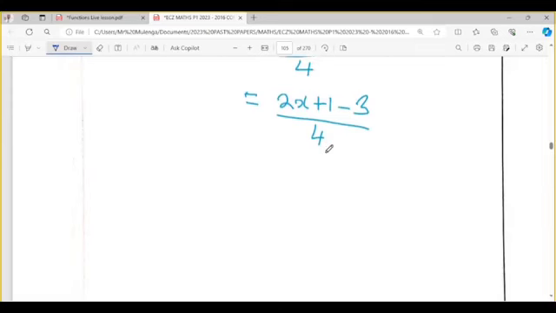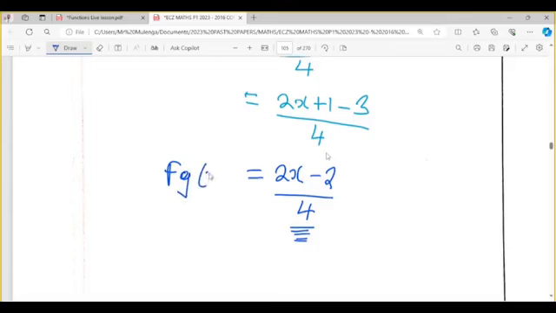We can see that here we have the like terms: a positive 1 and a negative 3. So 2x plus 1 minus 3 gives us 2x minus 2, over 4. This is the function fg of x, our answer.